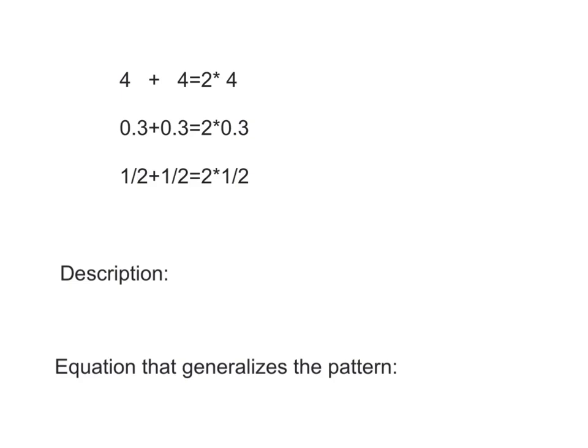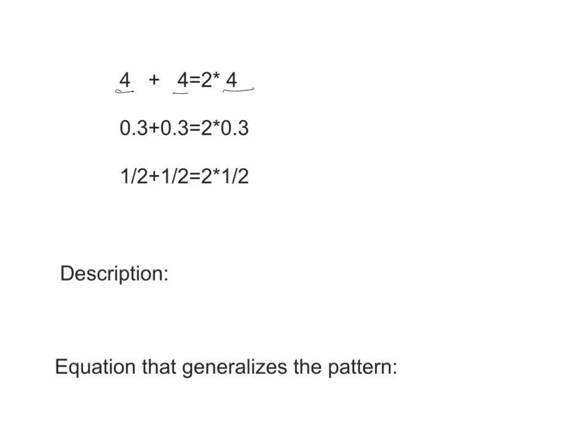We are going to see what these three equations have in common. So what I like to do is go through each one and underline when I see a number repeated. For example, I have a 4, a 4, and another 4.